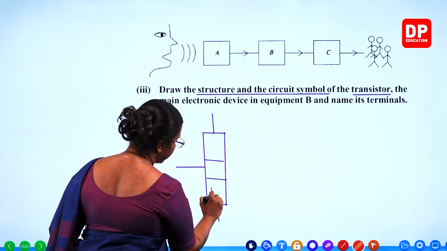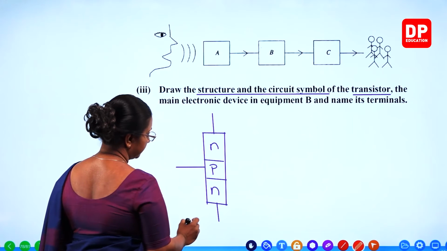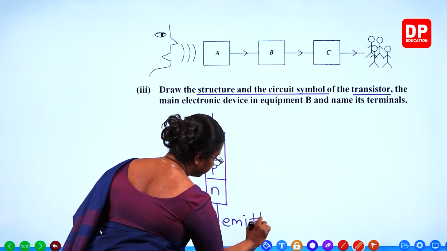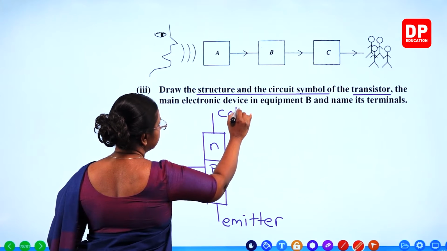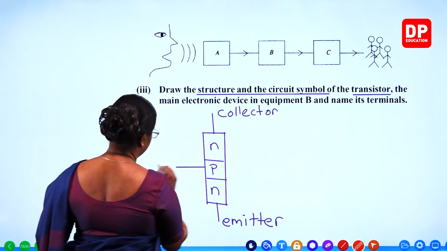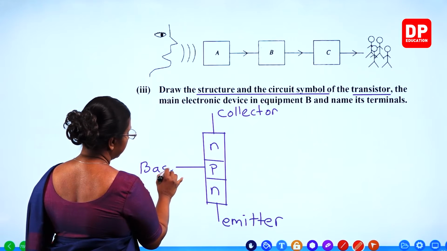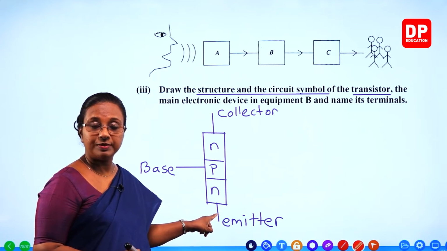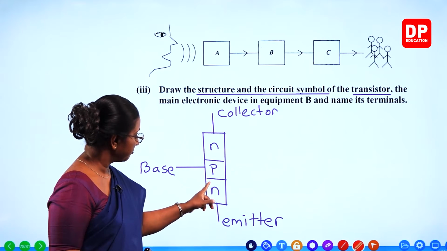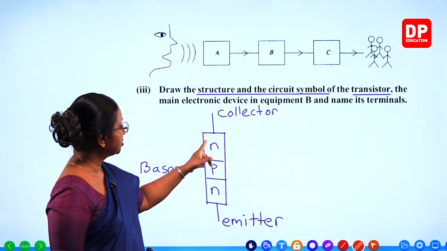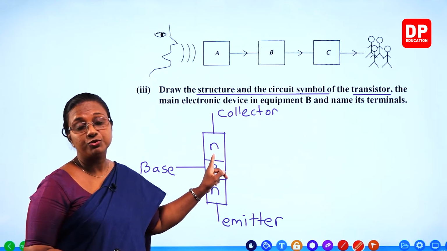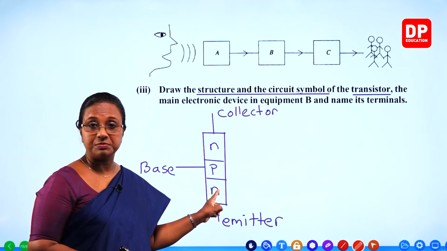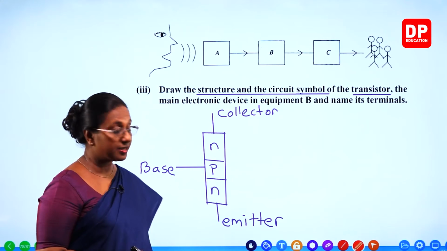So here if we take the NPN transistor, both the N terminals act as the emitter and collector, and this will be the base. Here the emitter is N, so electrons are going to be the charge carriers. Charge carriers flow from emitter to base to collector, but the current flows from positive to negative. So current flows from collector to emitter through the base. Accordingly, you can draw the circuit symbol.